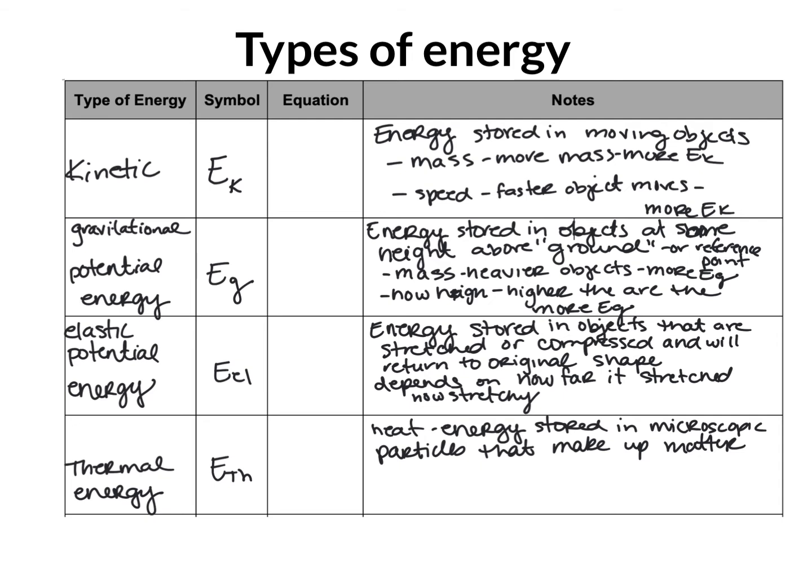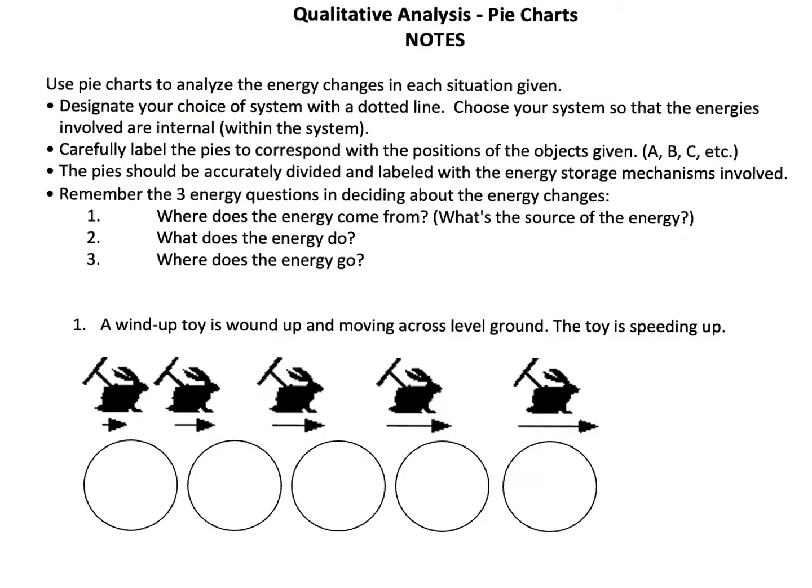This is where it comes in physics: when there's friction, moving things rubbing together will warm things up, and the energy that gets created because of friction we will call thermal energy. So make sure you have all four of these down. Pause if you need to finish or catch up, and then move on.